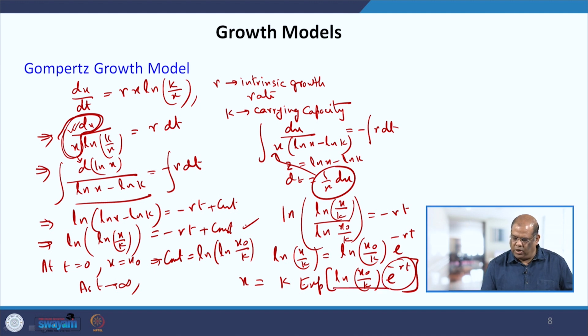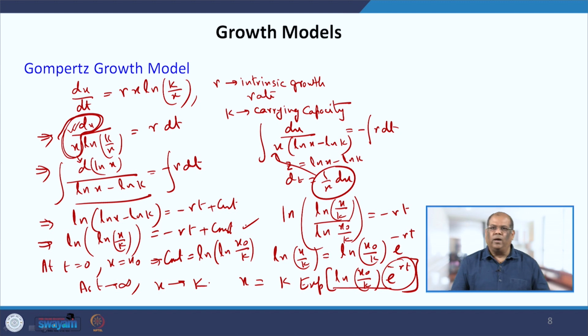So, it is exponential 0, which is 1, and you are left with x tends to k. So, a similar kind of behavior, and in most of the cases we use either this logistic growth expression or the Gompertzian growth. Now, let us see what kind of graph the numerical solution provides, in both the case of logistic and the Gompertzian growth.